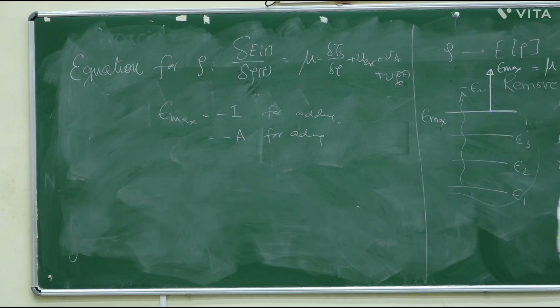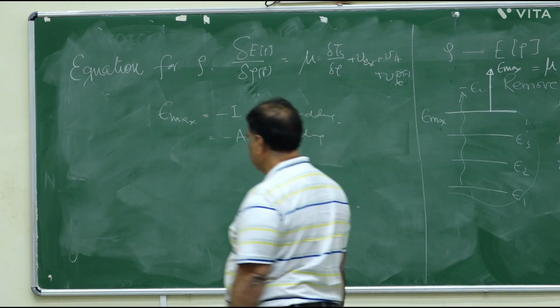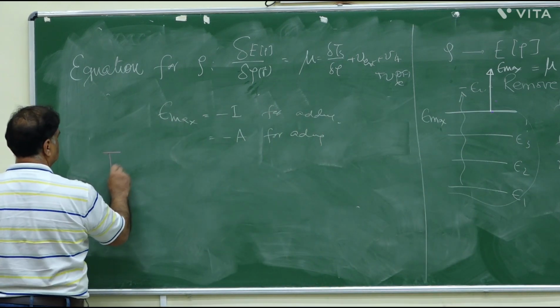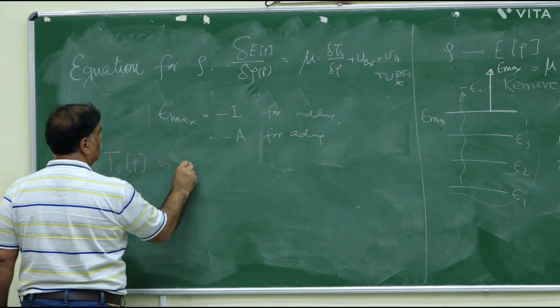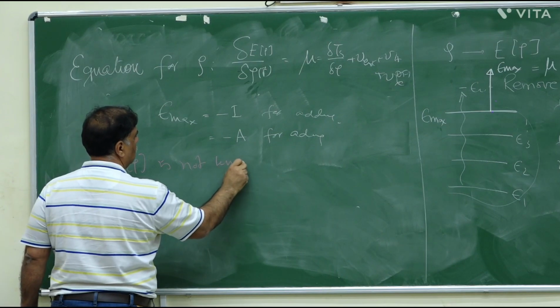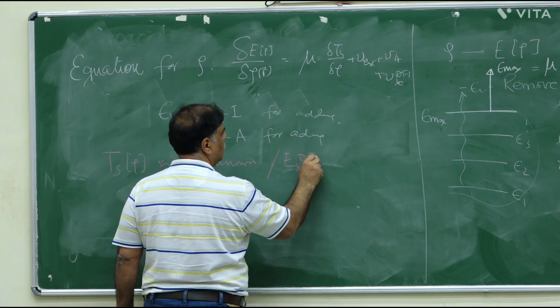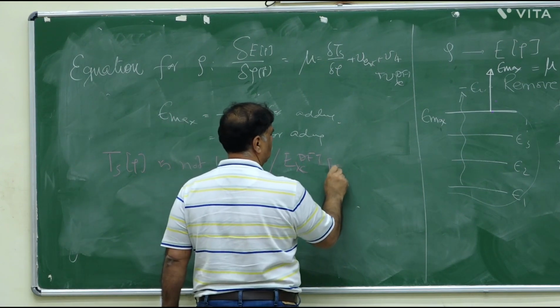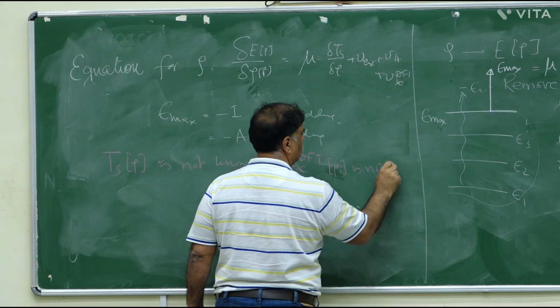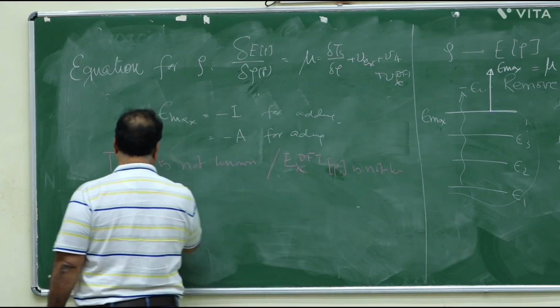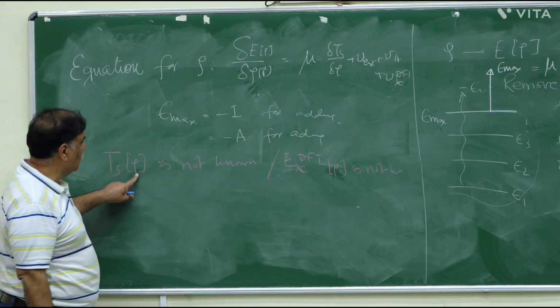Now, one does not know what E_xc DFT is, therefore one has to approximate. T_s[rho] is not known as a functional of rho, and E_xc[rho] is not known.